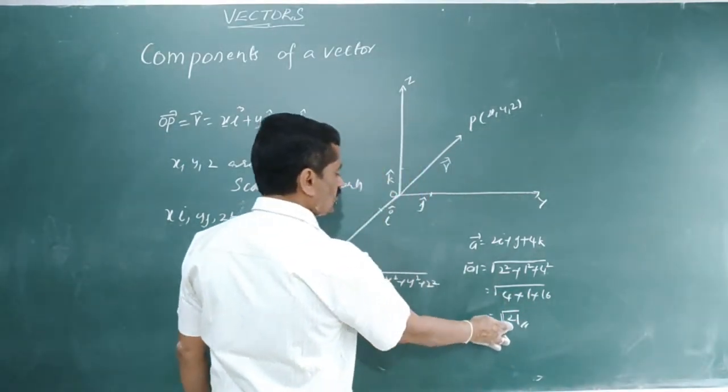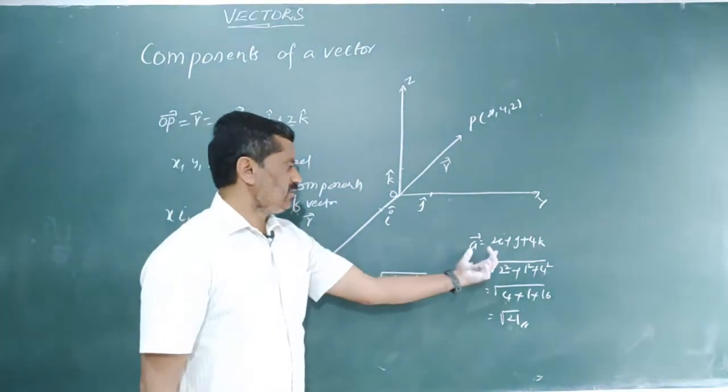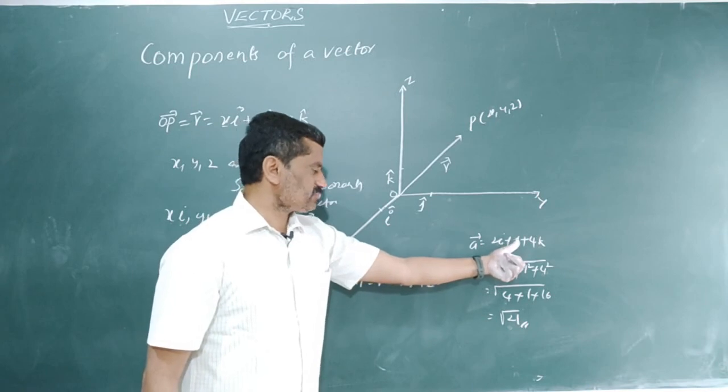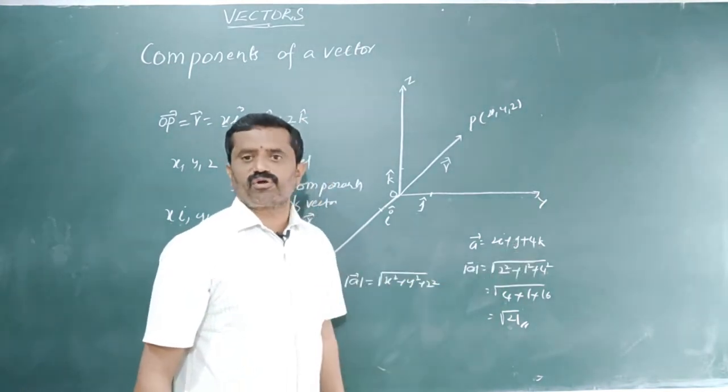So this is the magnitude of the vector 2i plus j plus 4k.